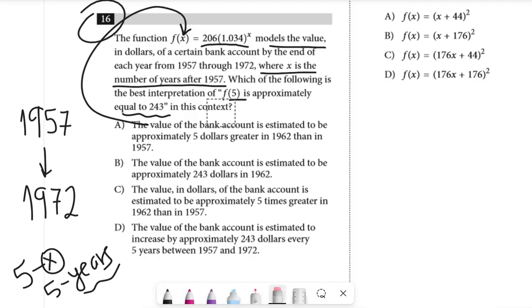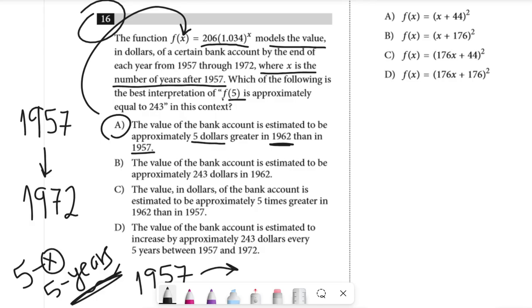Let us start with the first one. The value of the bank account is estimated to be approximately $5 greater in 1962 than in 1957. Oh, but why is that? Why $5? 5 doesn't stand for dollars. 5 stands for years.